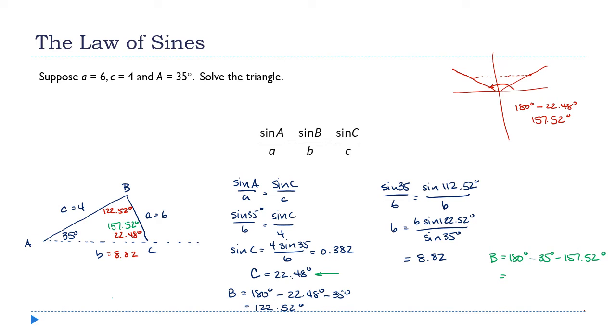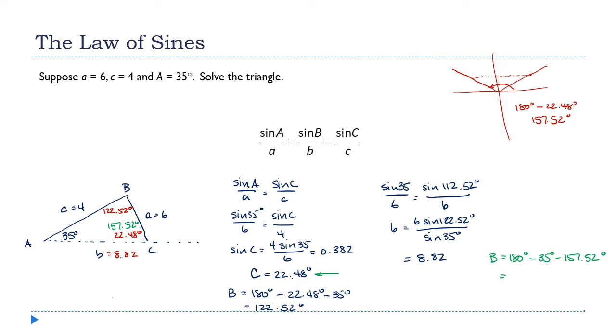So hopefully you're building up this process in your head. When you have these side-angle questions, first you just go through the process. You try to find the missing sides. If you get sine of an angle equals an impossible number, there's no solutions.